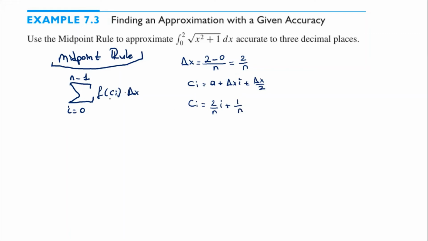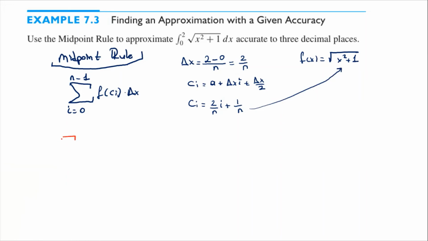So we're gonna use this formula here. Since our function is the radical of x squared plus 1, instead of x, I'm gonna plug this into the function.